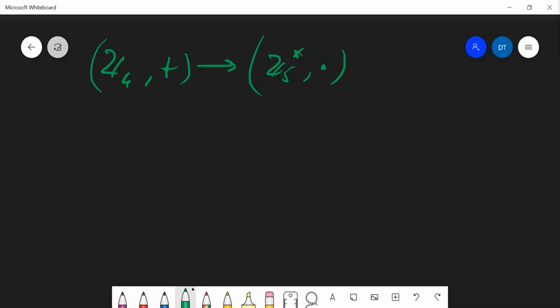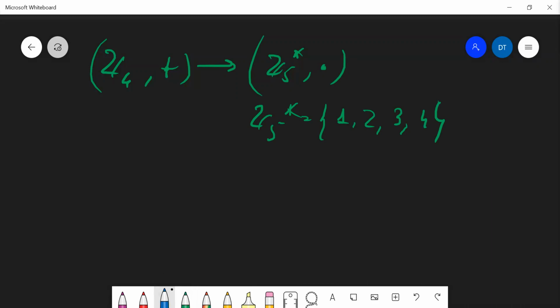How do you do that? First of all, let's describe explicitly Z5 star. This is the set of all remainders co-prime with 5, which is 1, 2, 3, and 4. And the operation is multiplication.